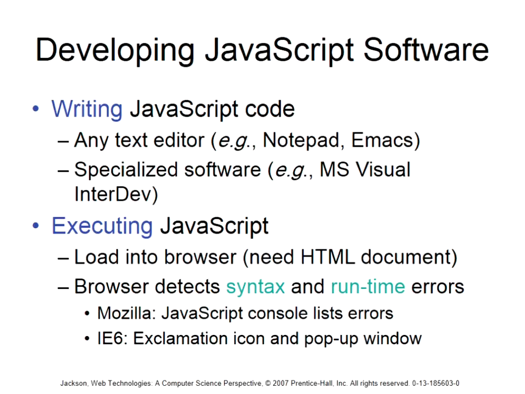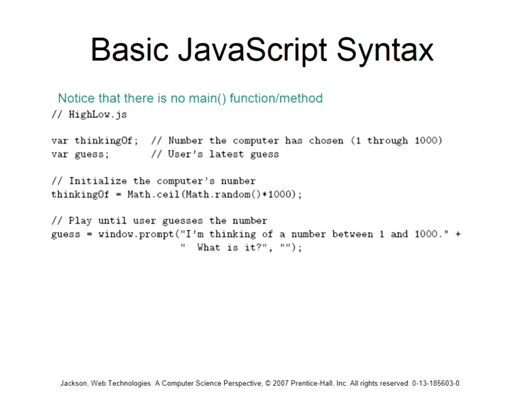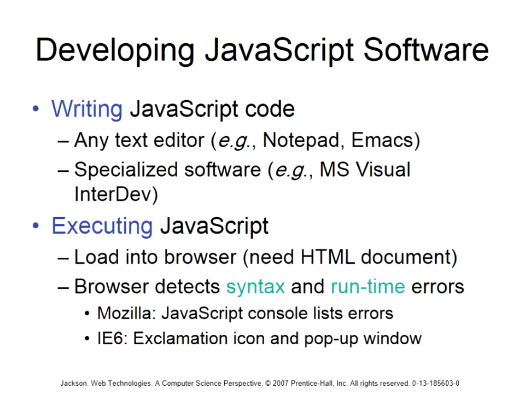The browser detects syntax and runtime errors. For example, for Mozilla, the JavaScript console lists errors, or for Internet Explorer, an exclamation icon and pop-up window, etc. So let's move to some examples of JavaScript.